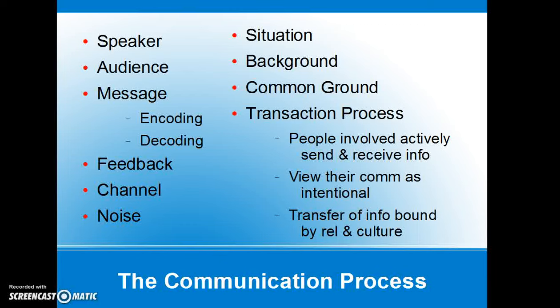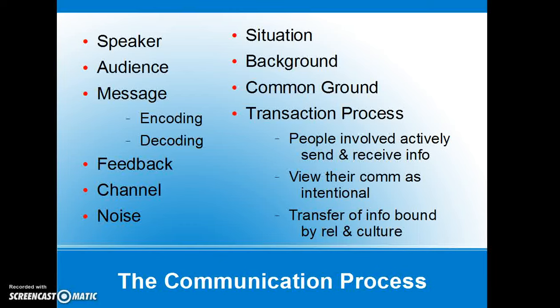Other things that can also affect the ability for the message that the speaker is sending to be properly received by the audience are the situation, so the surroundings that you are in, and each person's background. So if you have a very different background than the speaker, then the speaker's message is going to be received differently than somebody who has a similar background to the speaker.